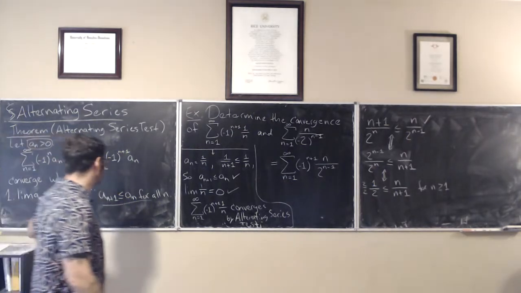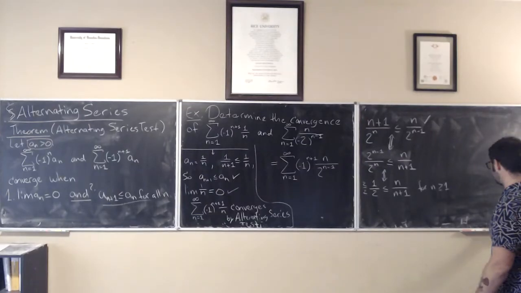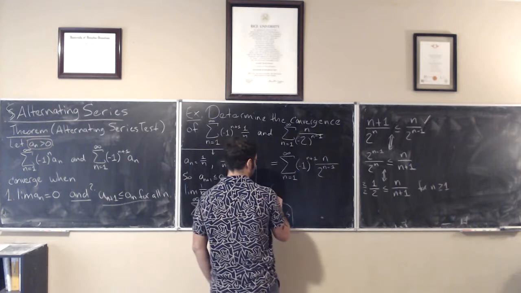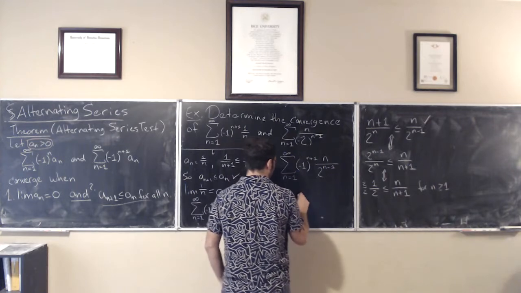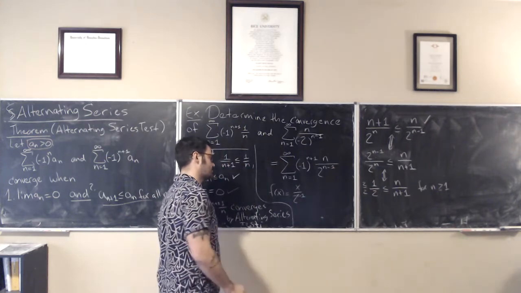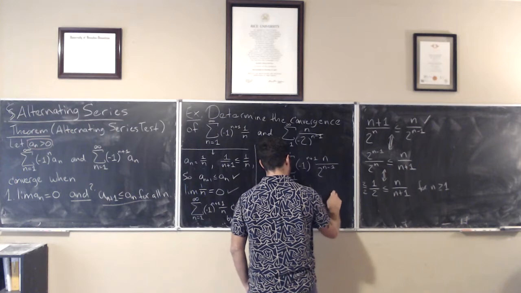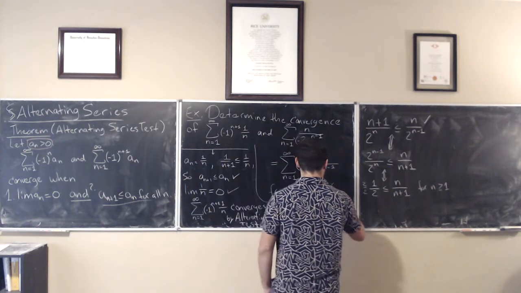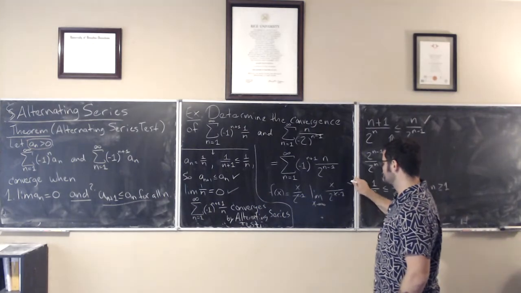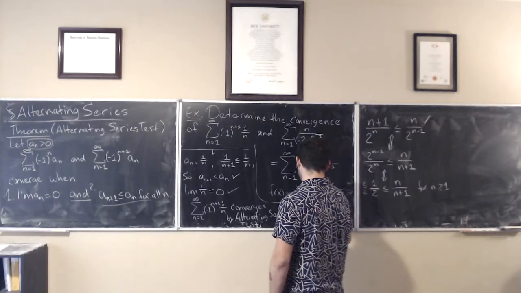Now we just need to show that the limit of a sub n goes to 0. That's actually not too hard to show because we can just say if f of x equals x over 2x minus 1, then look at the limit as x goes to infinity of x over 2x minus 1. This is indeterminate form. I'm running out of room, but you would use L'Hopital's rule.